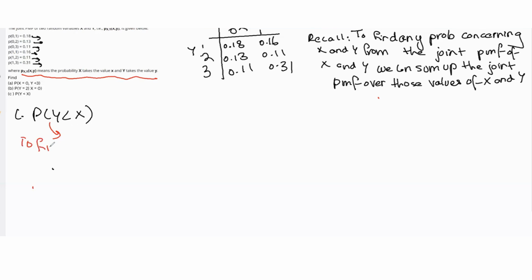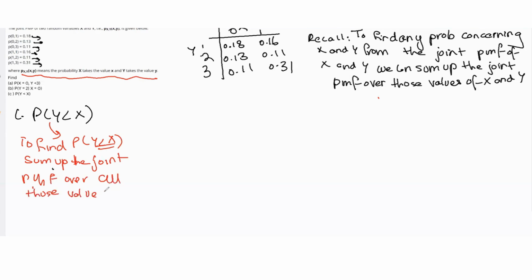To find probability y is less than x, sum up the joint PMF over all those values where y is less than x. We just sum it up.